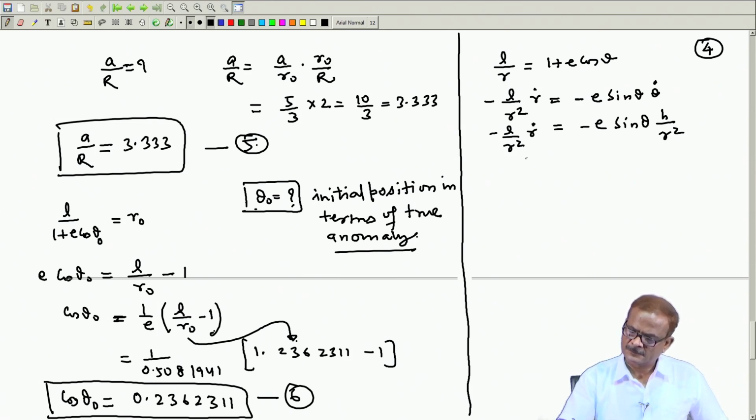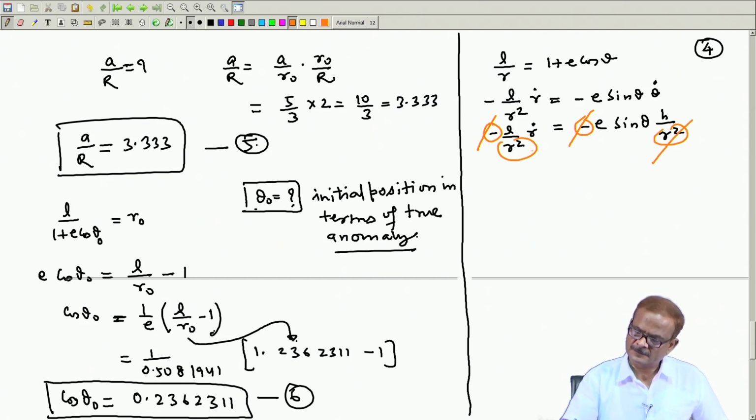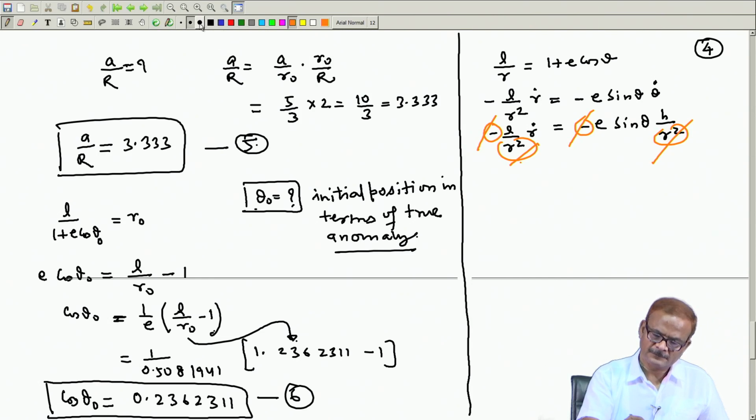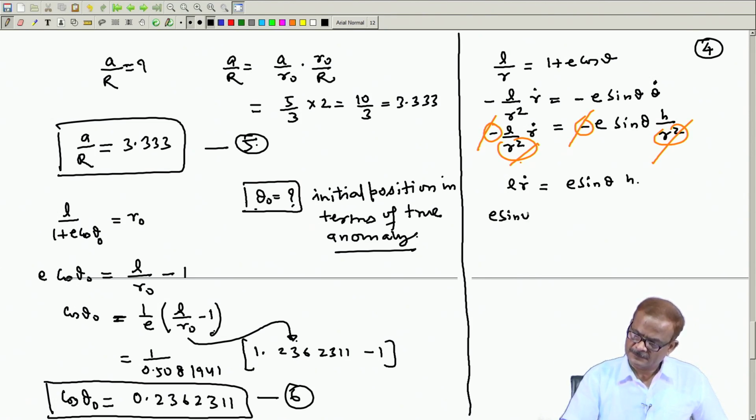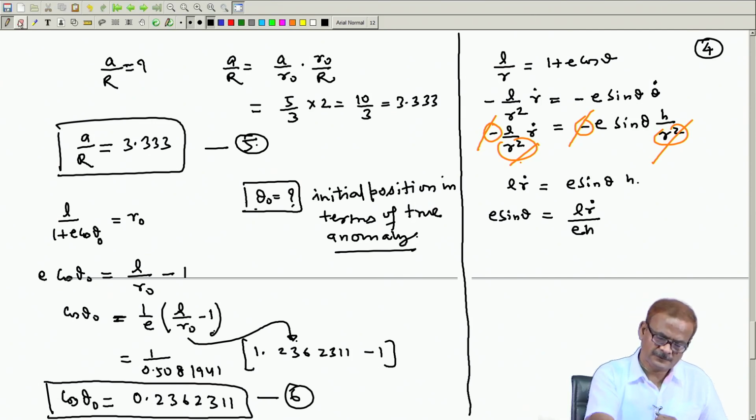The minus signs drop out, and r square cancels, and we are left with L times r dot equal to e sin theta times h. So e sin theta equals L r dot divided by h.